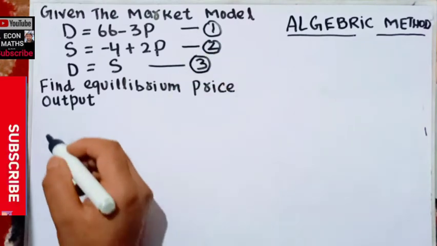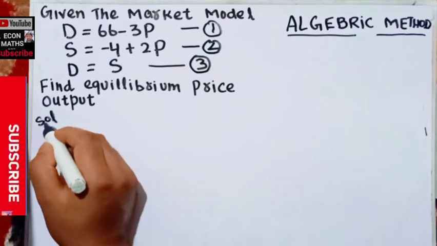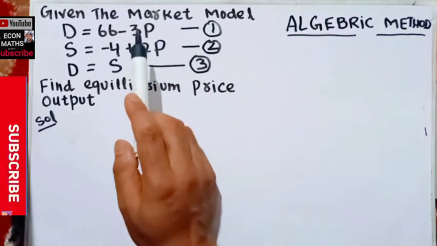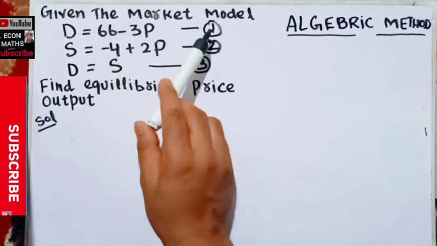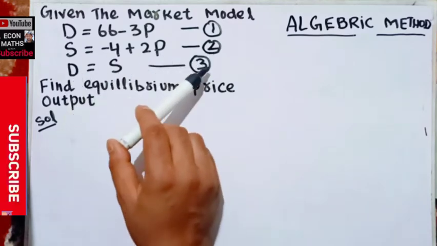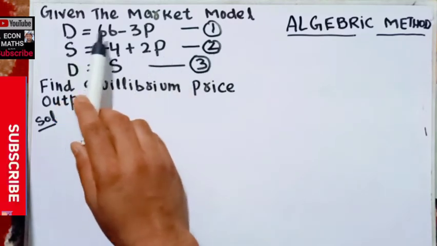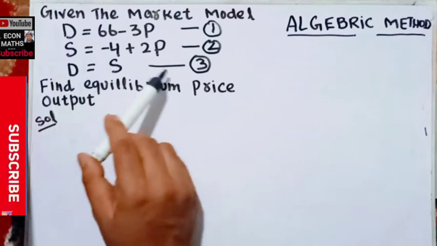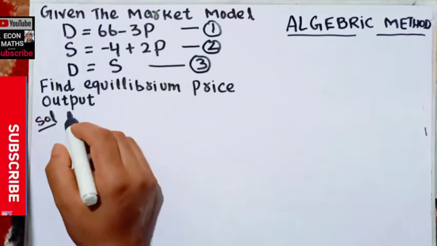Now what will we do? We just put the value of equation first and second in equation third. That is, we put the value of demand and supply in equation third.